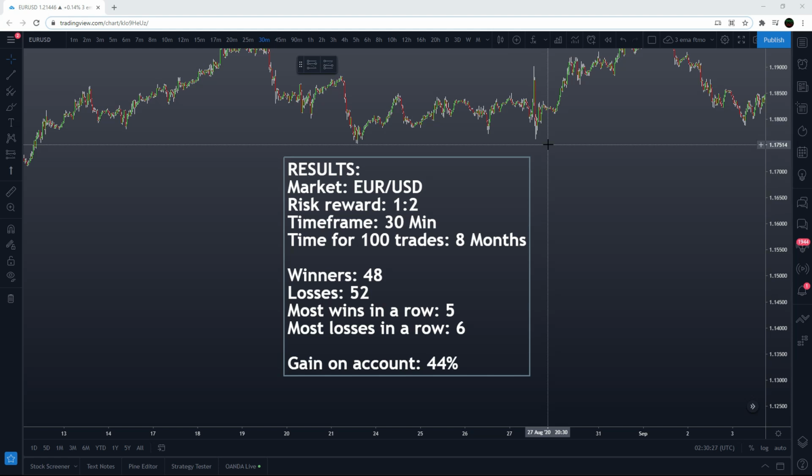Then there were 48 winners and 52 losses on this test, while the original with the RSI had 54 and 46. So the RSI test was quite a bit better there. Not enough where you can really make a strong case for the RSI being much better with this strategy, but decently better.